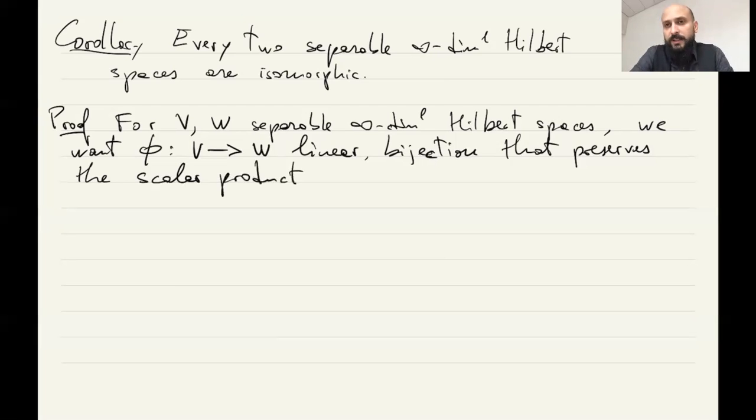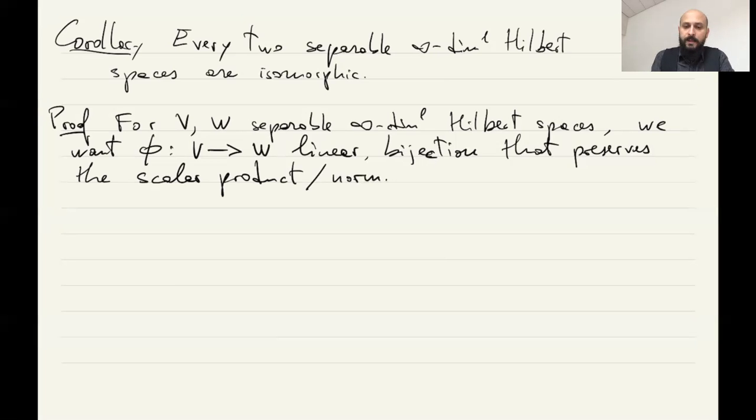Remember that the scalar product is completely determined by the norm, by polarization, of course, not every norm is induced by a scalar product, but these are Hilbert spaces. So if you preserve the norm, you preserve also the scalar product.